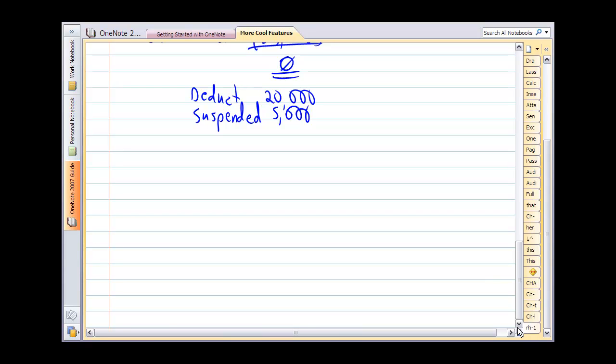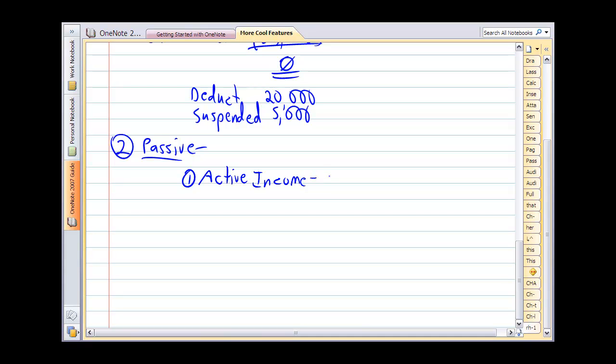Let's see, what next? Okay, we'll talk about passive. What the heck does that mean? In general, under this umbrella, we're going to talk about the three general types of income that you have from a tax perspective. From the IRS point of view, you have active income. What is active income?